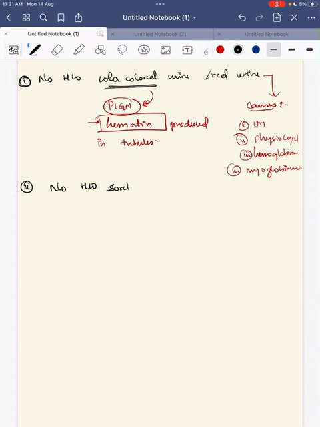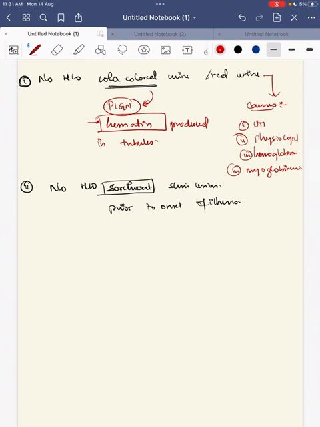Next will be no history of sore throat or skin lesions prior to onset of illness. Why are you telling this history?